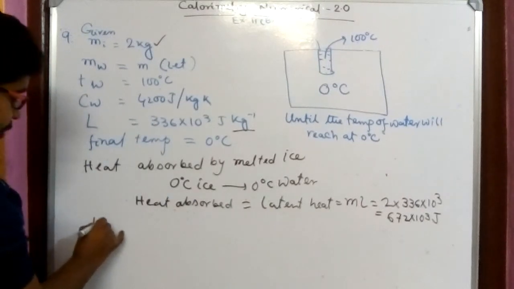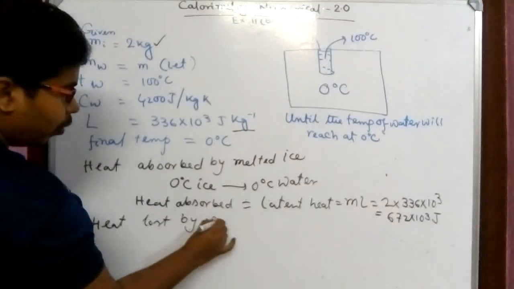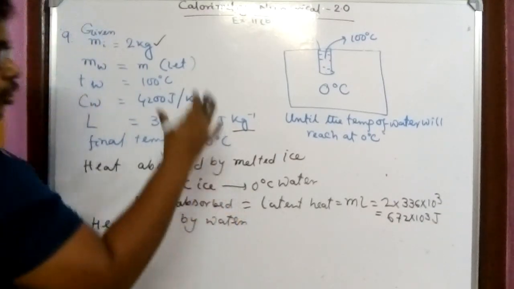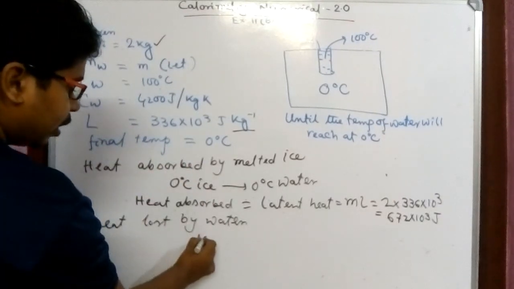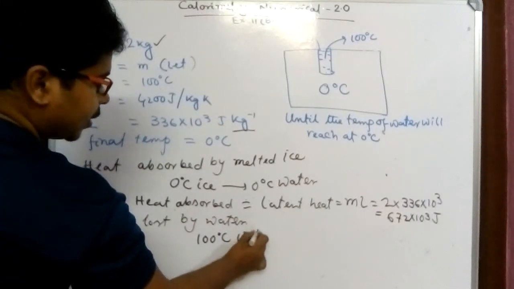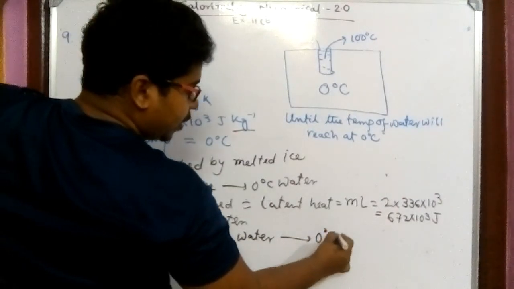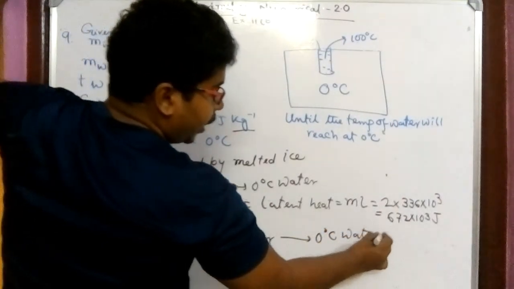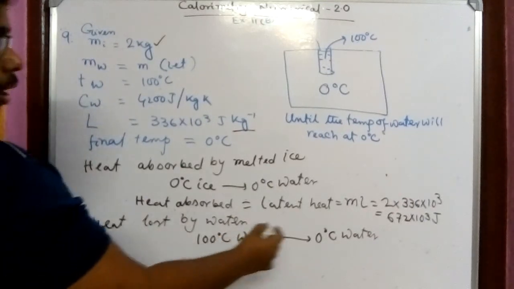Now, heat lost by water. How much water have you been given? You don't know the mass. But what happens with the water? You have 100 degree centigrade water of a certain mass, and it will reach 0 degree centigrade water, until this process stops. Here no state change occurs.